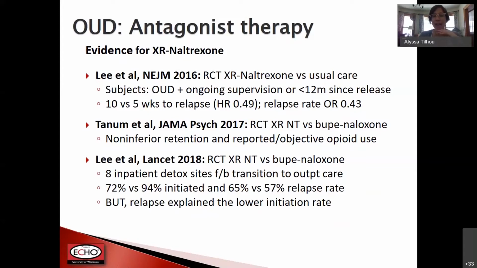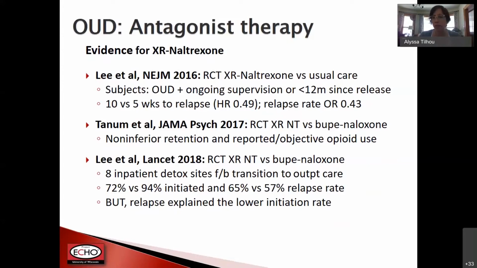But it was the initiation rate that explained the higher relapse rate. If they just looked at patients who made it to their first naltrexone injection, then the relapse rates were actually not significantly different.